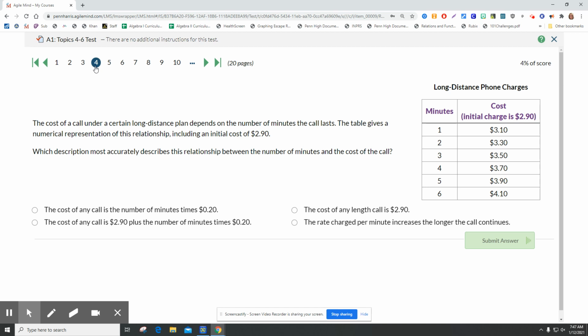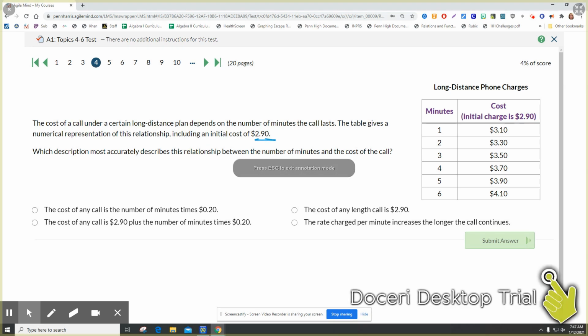On this problem, it says the cost of a call under a certain long distance plan depends on the number of minutes a call lasts. The table gives a numerical representation of this relationship, including an initial cost of $2.90, meaning that's our starting point. No matter how long the call is going to last, there's going to be a $2.90 charge.